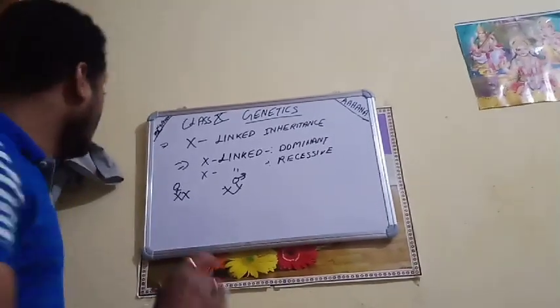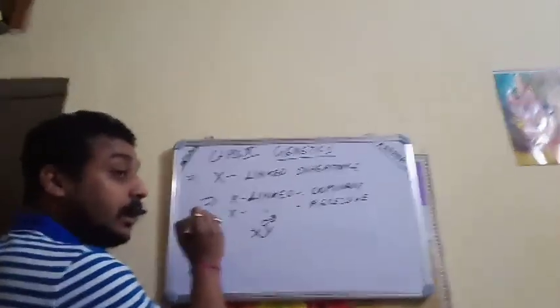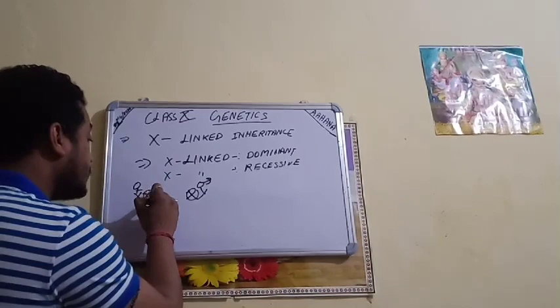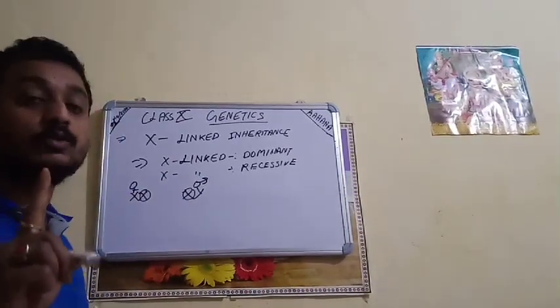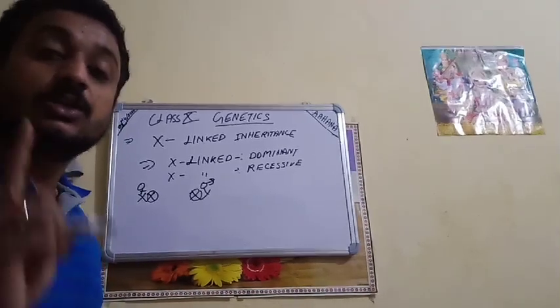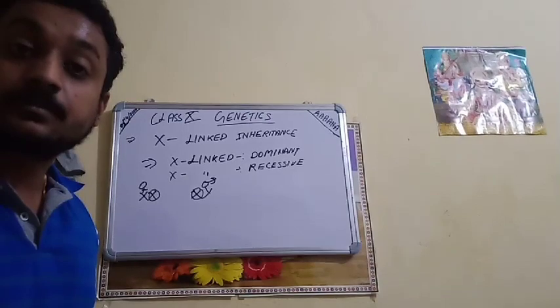Now, if the alteration is targeting only the X pattern of chromosome, and if that alteration is dominant, then surely it will express in the male and also in the female.